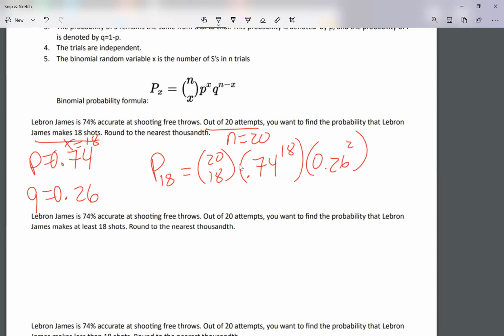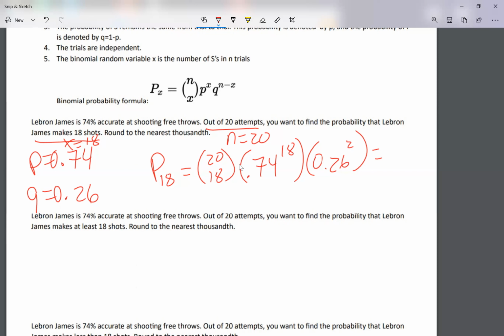Now multiply this out. One thing I want to say: my answer, a probability, is a number between 0 and 1. If I get something like 2 point something, that's wrong.